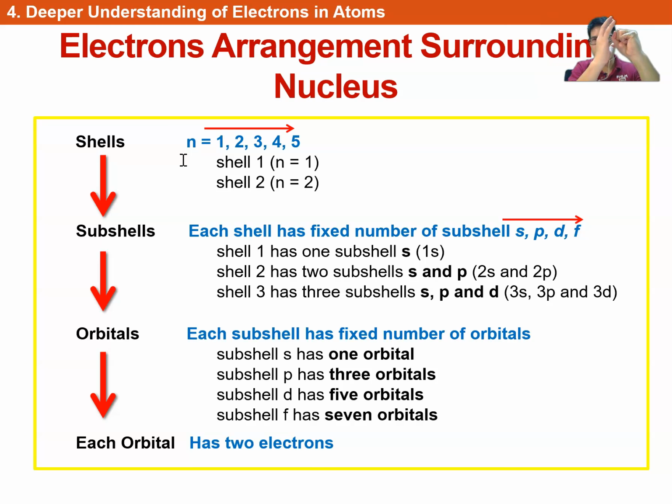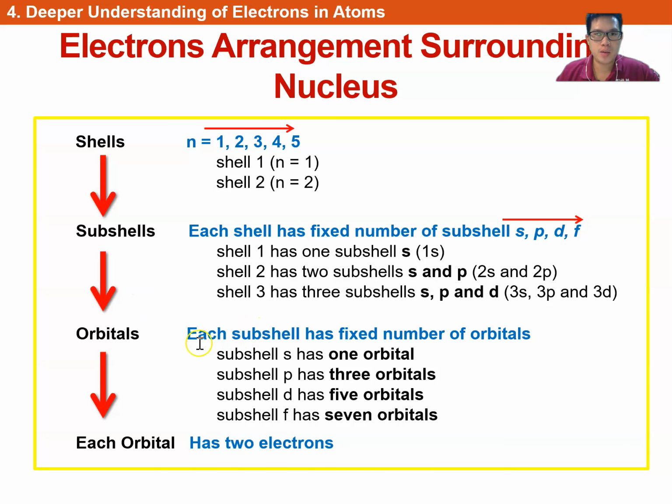Each shell has subshells. Shell number 1 has one subshell. Shell number 2, because it has more space, has 2 subshells. Shell number 3 has 3 subshells, which we name S, P and D.